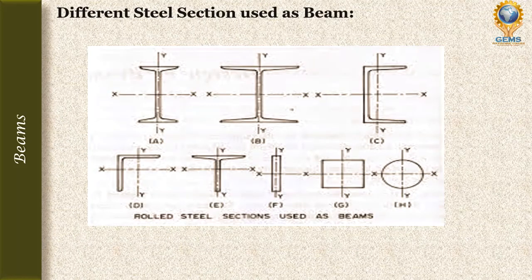What are the different steel sections which are used as a beam? We have I section, also wide flange I section, C section, angle section, T, plate, rectangular or solid, or circular. These are the different sections used as a beam in a steel structure.